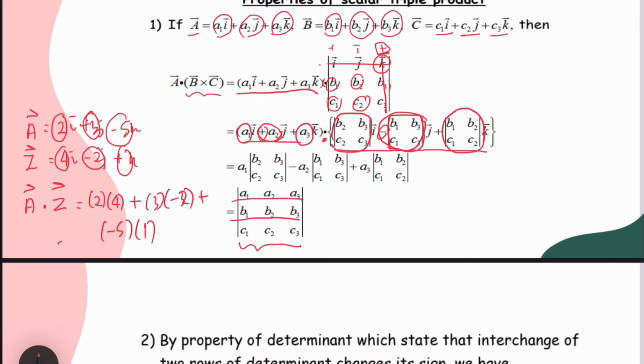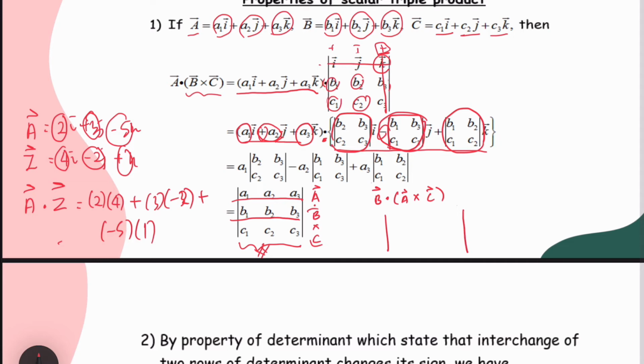This will be vector A dot vector B cross vector C. This is the order you need to follow. If you have vector B dot vector A cross vector C, you cannot write it as this one anymore. You cannot. You need to follow the order.